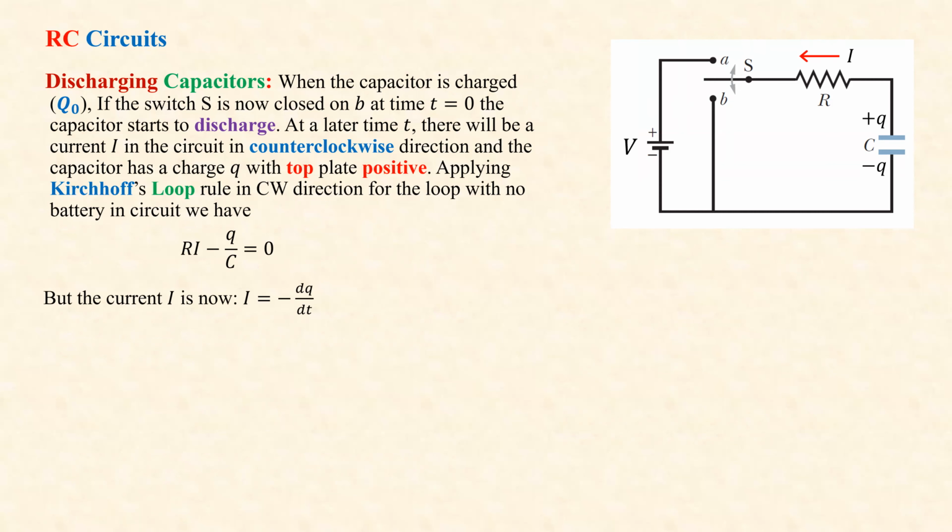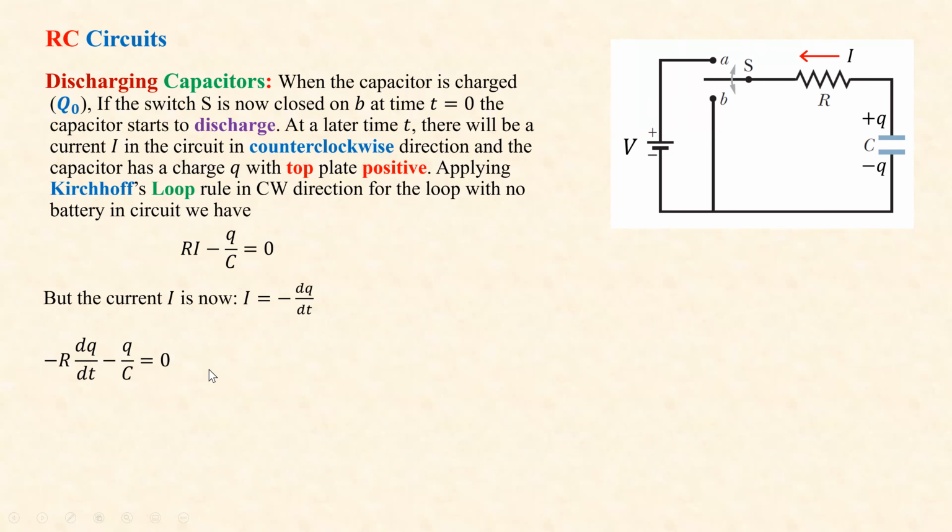But now the current and Q are also related. In this case, if the current is in this direction, which we consider positive, then that reduces Q. So the current is the negative of the rate of change of Q. So I becomes negative dQ/dt. If you put that in here, you get negative R dQ/dt minus Q over C equal to 0.